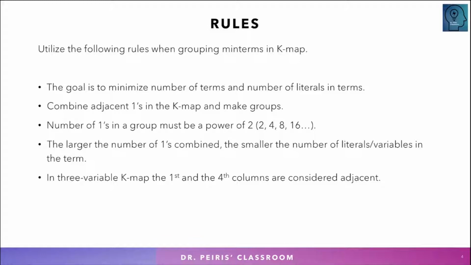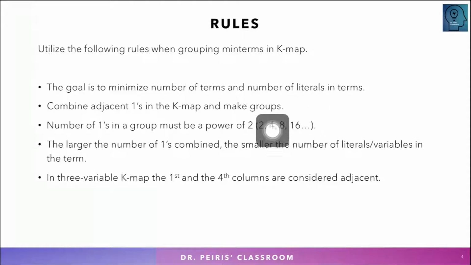So what are the rules that we need to follow when we group minterms using K-maps? The goal is to minimize the number of terms as well as the number of literals or variables in a term. So to minimize, we combine adjacent ones in a K-map and make groups. The number of ones in a group must be a power of 2, which means it could be either 2, 4, 8, 16, and it continues.